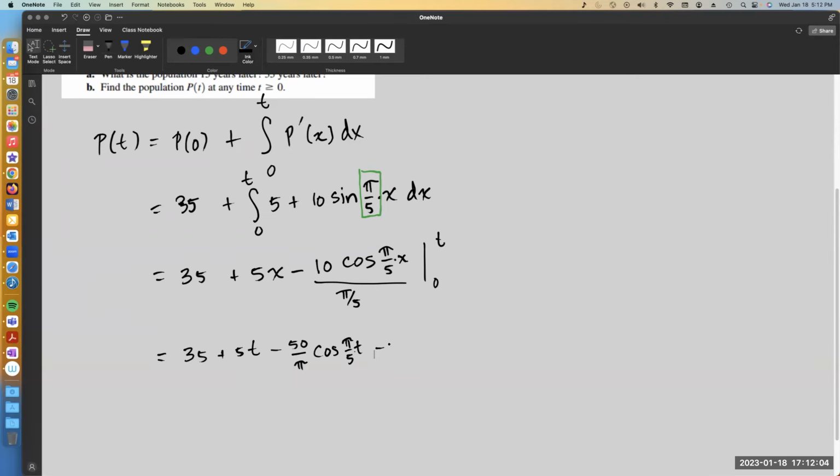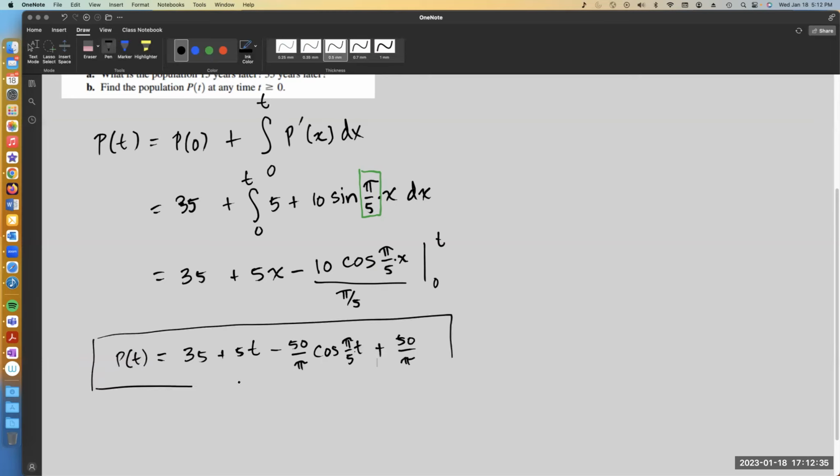Now we're subtracting off the antiderivative at 0. Plug in 0 here and you get 0. But now we're subtracting a negative, so this will be positive, and we plug in 0. Cosine of 0 is 1, so we end up adding 50 over pi. There are no like terms here, so this is our future value function.